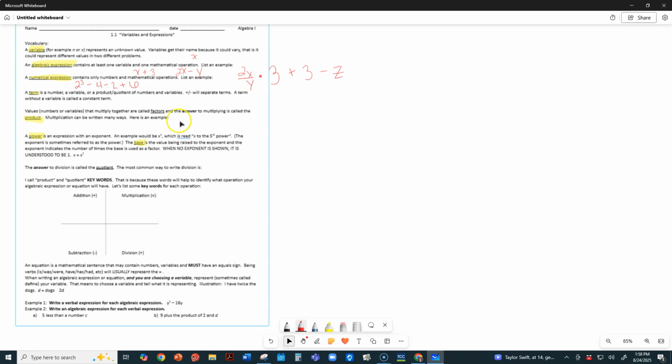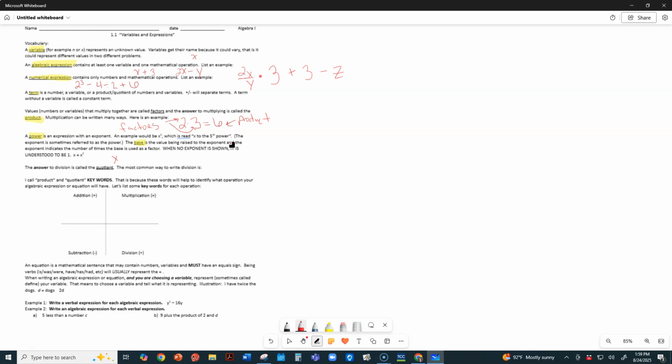So let's see, factors. When you multiply two things together, the things that you multiplied together, the 2 and the 3 right here, those are factors. And the answer right here is the product. We talked about x. This reads x to the 5th power.